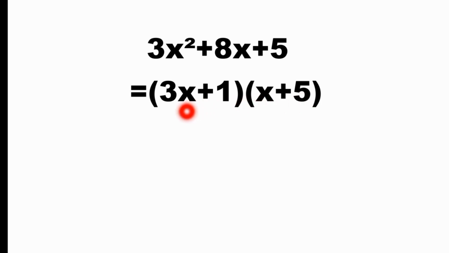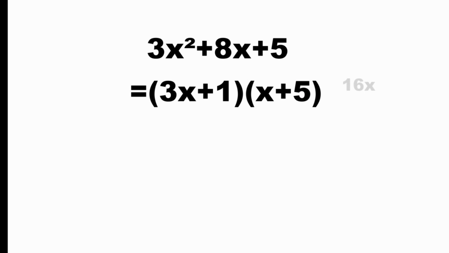If we multiply 3x and 5, and 1 times x, we have 15x plus x, which equals 16x, which is not the middle term.